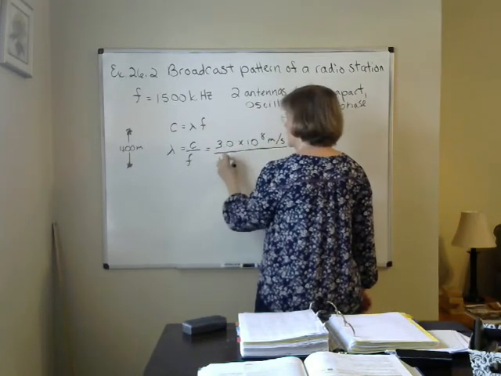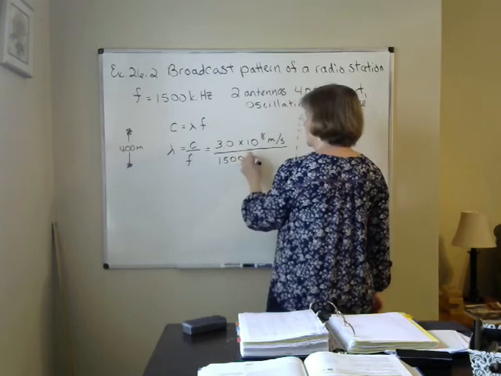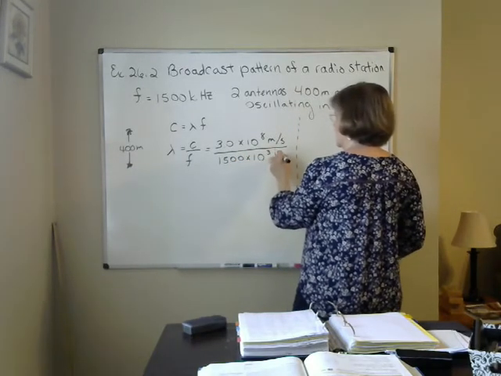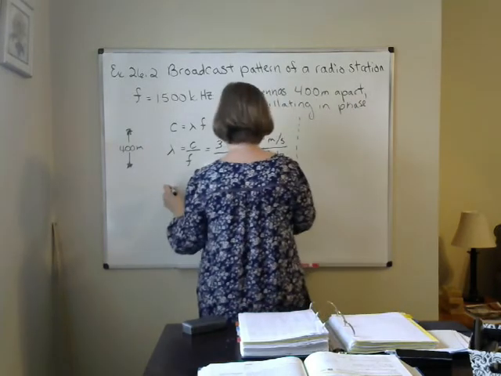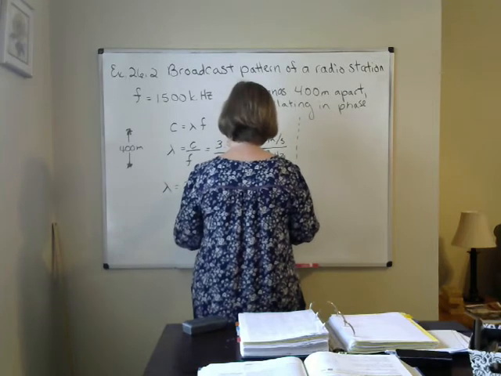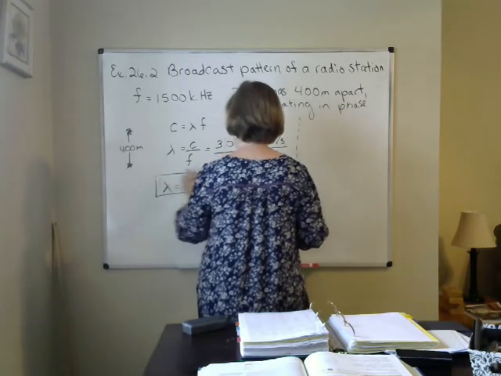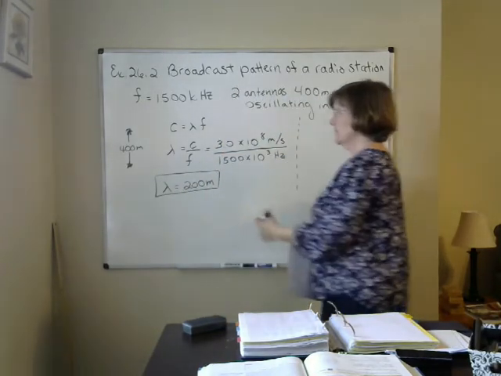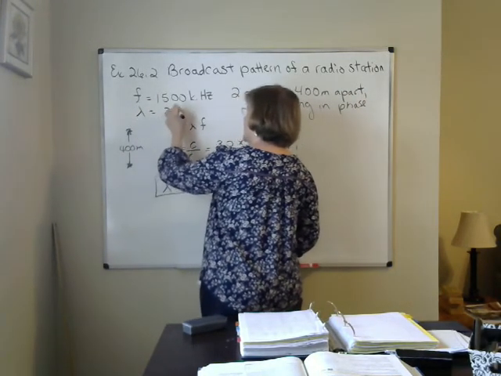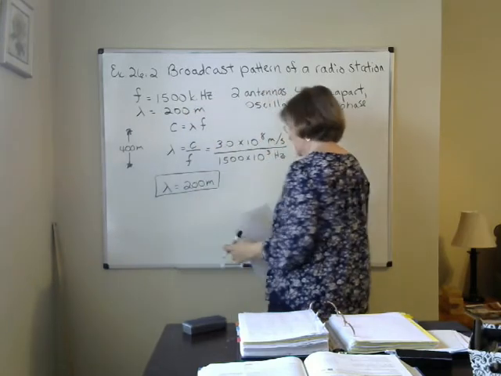Kilo means 1,000, so 1,500 times 10 to the third hertz. And what we find out is our wavelength here is exactly 200 meters. We're going to need that piece of information, so I'm going to write it right here. Wavelength is 200 meters.